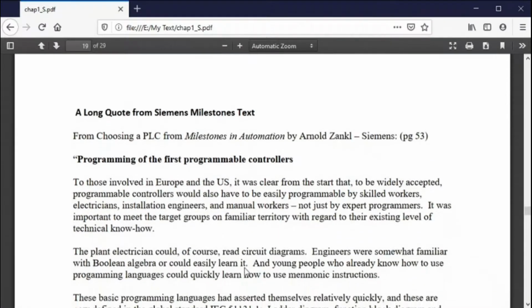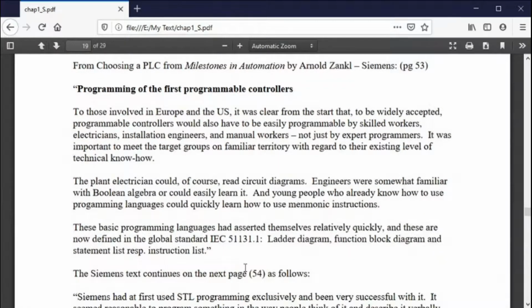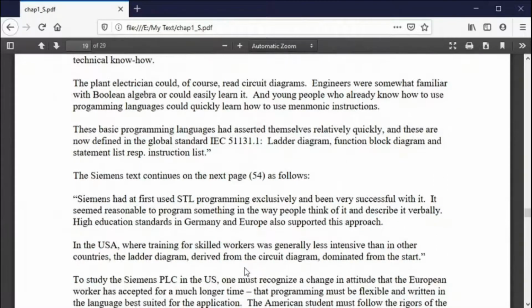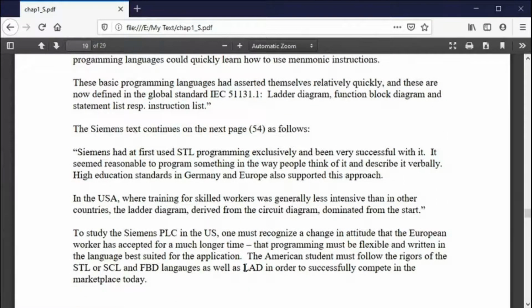Okay, so I want to go down here and I want to give you a statement, and I want you to think about this for a little bit. This is from a book from Siemens, and I pose this as a challenge to people that take this course, that they look at this and they say, why am I taking this course, or why is this important?